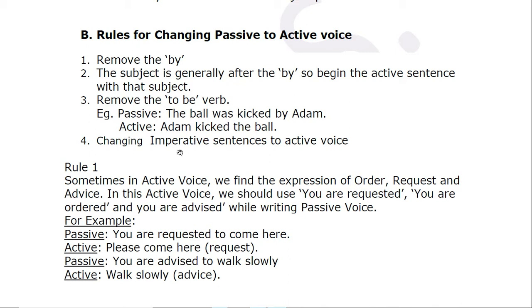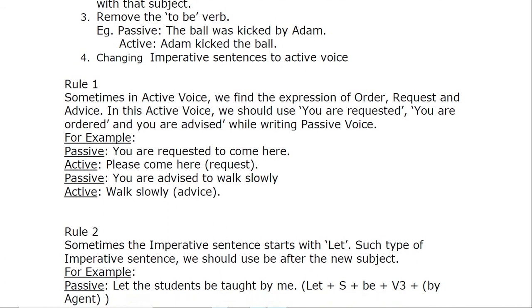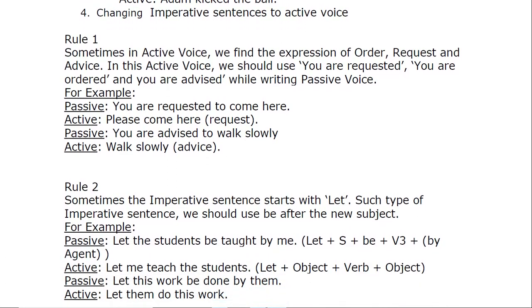Okay. Now how you change the imperative sentence into an active one. Imperative sentences are the sentences which give a command, which make a request or give some advice. Correct? So that's what you have to keep in mind.